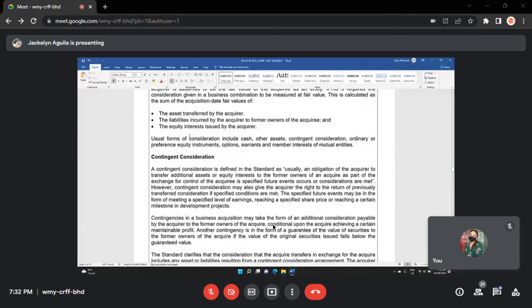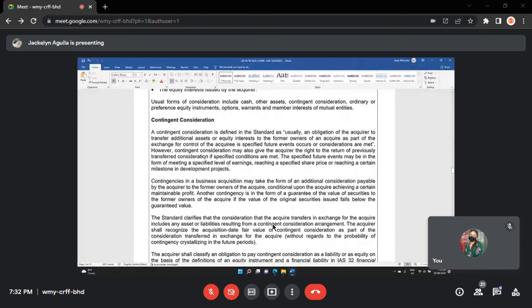Contingent consideration. Contingent consideration is defined in the standard as usually an obligation of the acquirer to transfer additional assets or equity interest to the former owners of an acquiree as part of the exchange for control of the acquiree if specified future events occur or conditions are met.